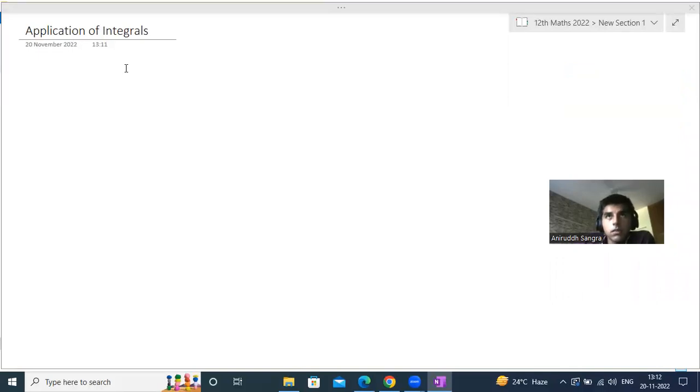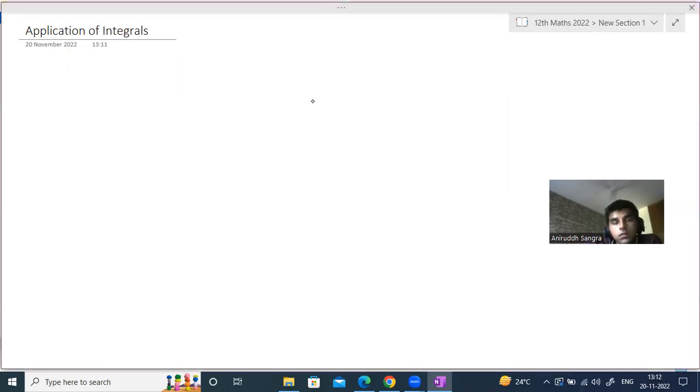Okay, so we have read earlier on the basis of the fundamental theorem of calculus. What was the fundamental theorem of calculus? Yes, the integral of a to b f(x) dx.